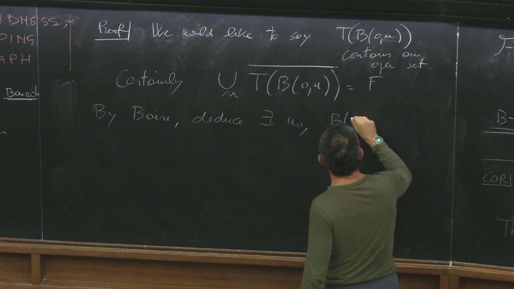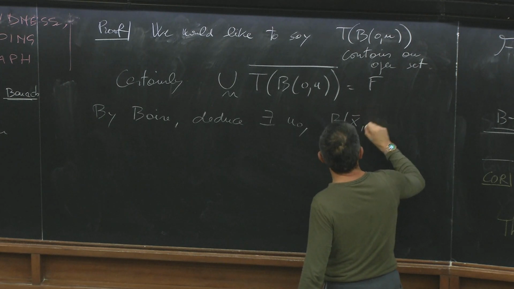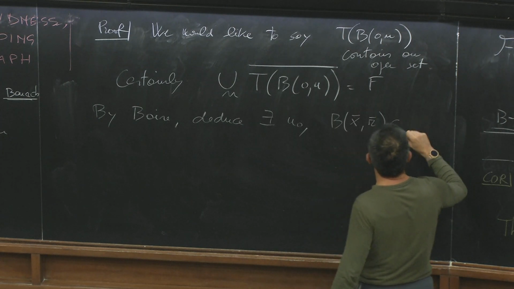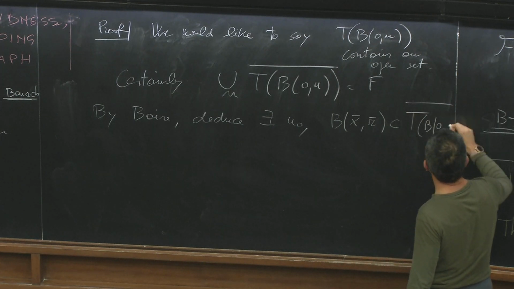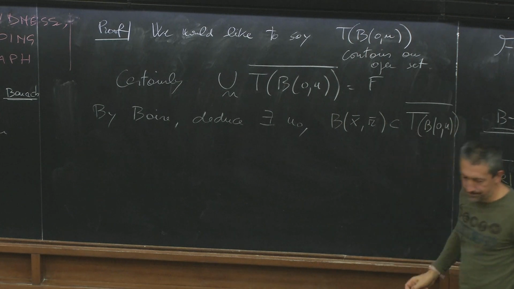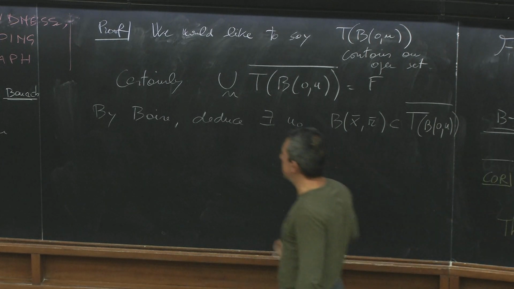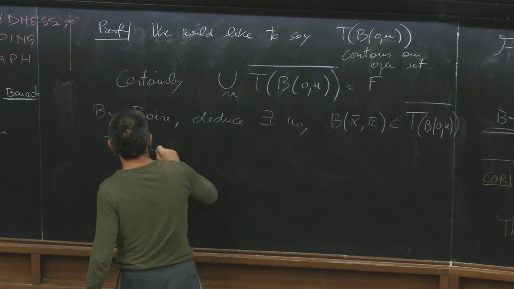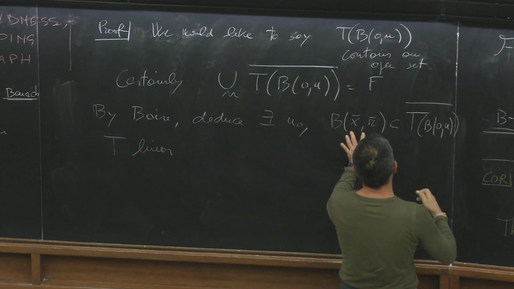Because then I'm going to scale. Let's say the ball B(x bar, r bar) is contained in the closure of the image of B(0, n). But now I scale, because T is linear. If I scale this to 1, I just divide by n.